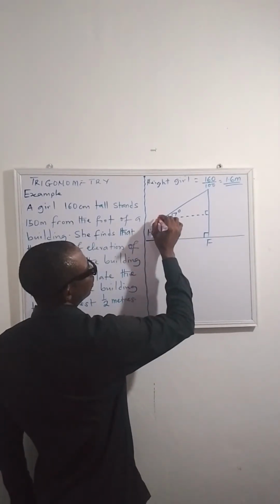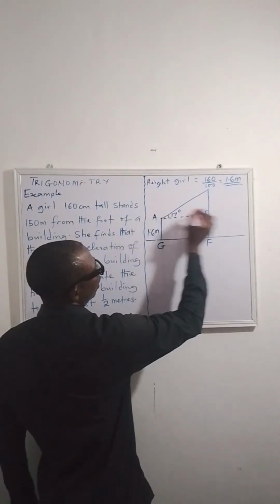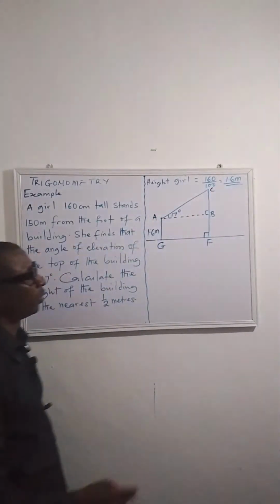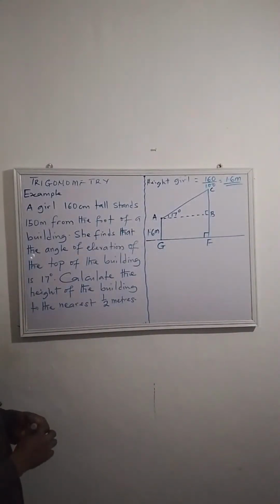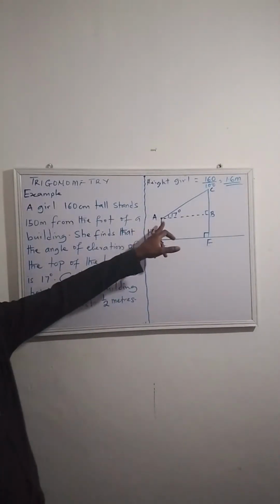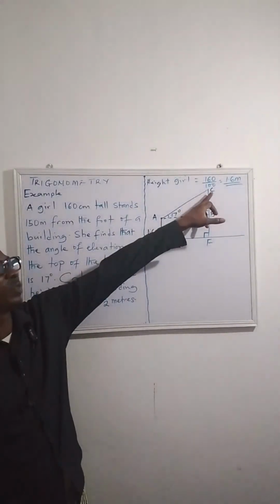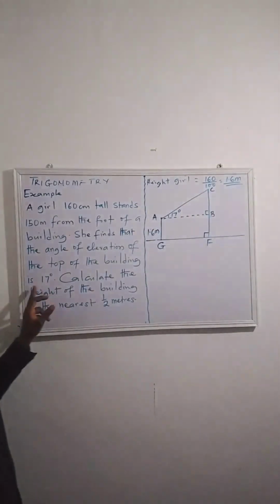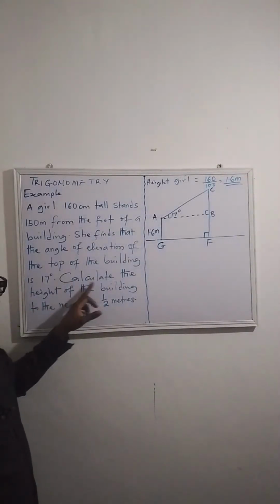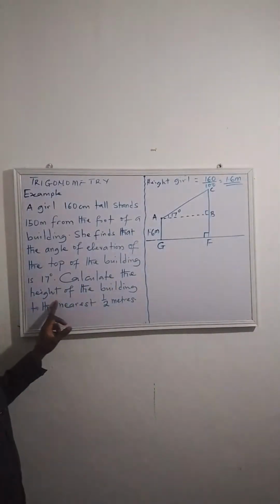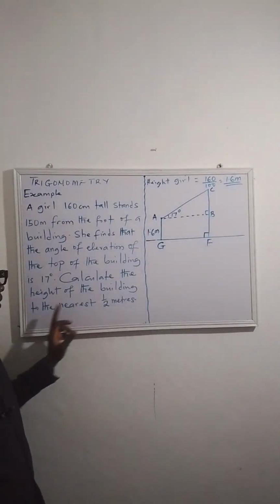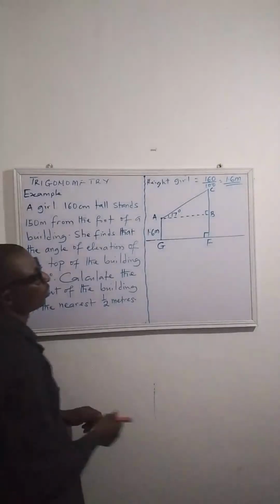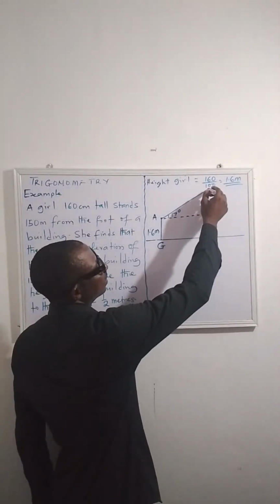So let's call this A, this B, and this C. This is the angle of elevation of the top of the building, top C. Now let's look at the question: calculate the height of the building to the nearest half meter. So we want to get the height of the building, which is length CH.